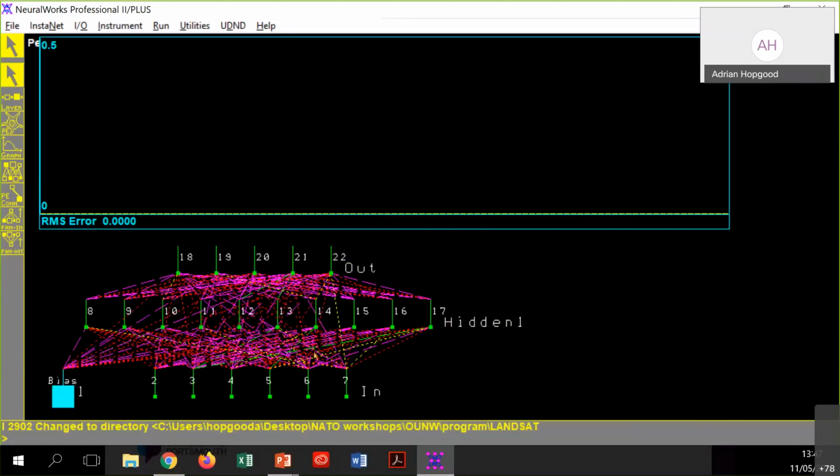I've got 6 input neurons, which represent my 6 frequency bands of my input data. And I've got 5 outputs, which represent my 5 output categories.